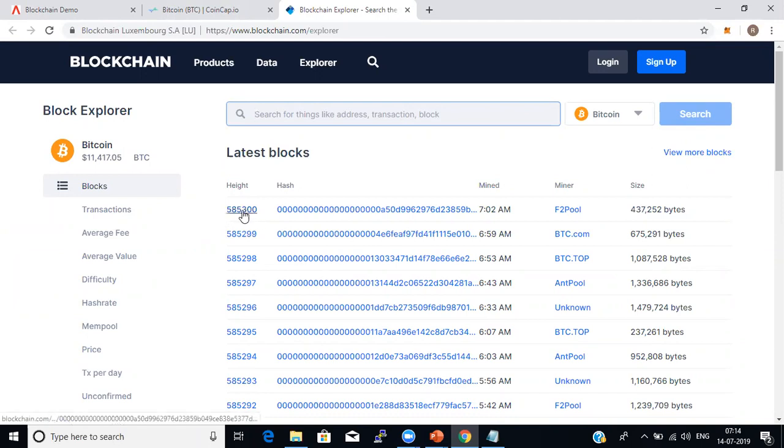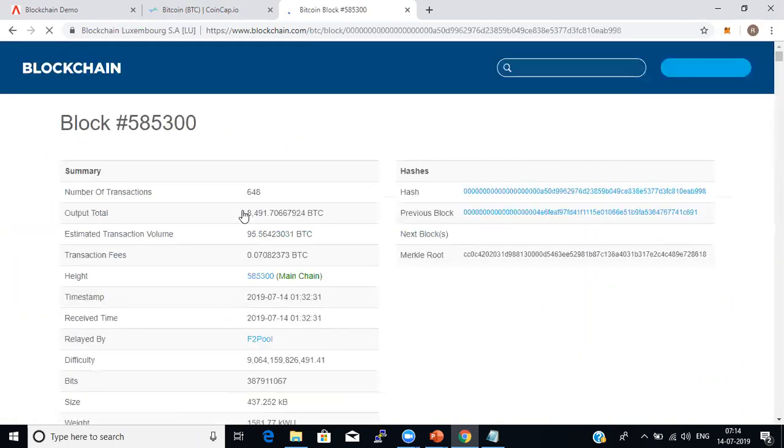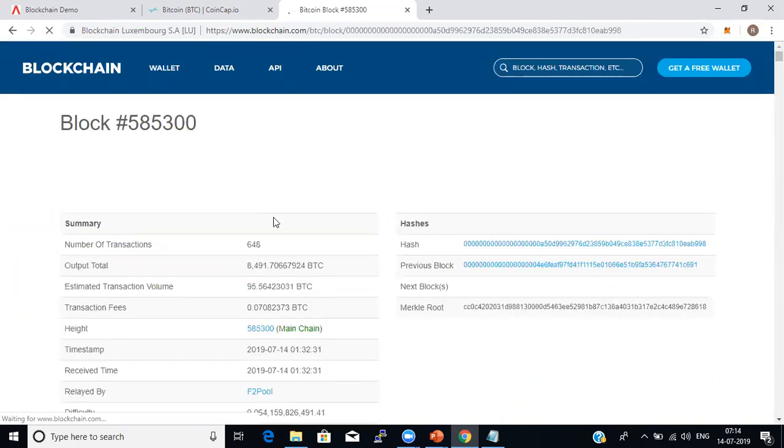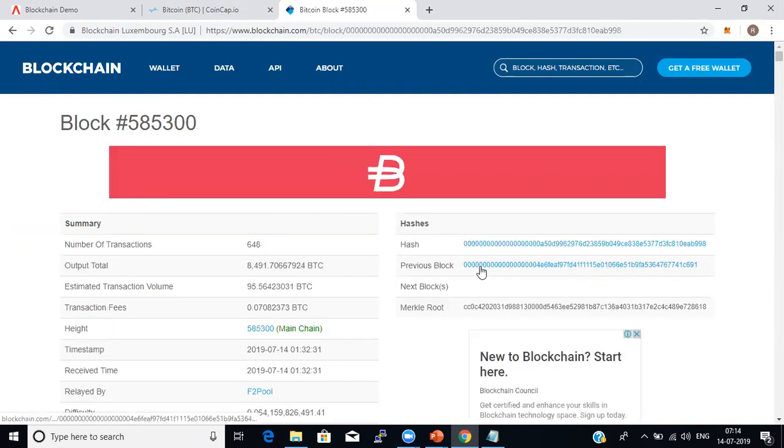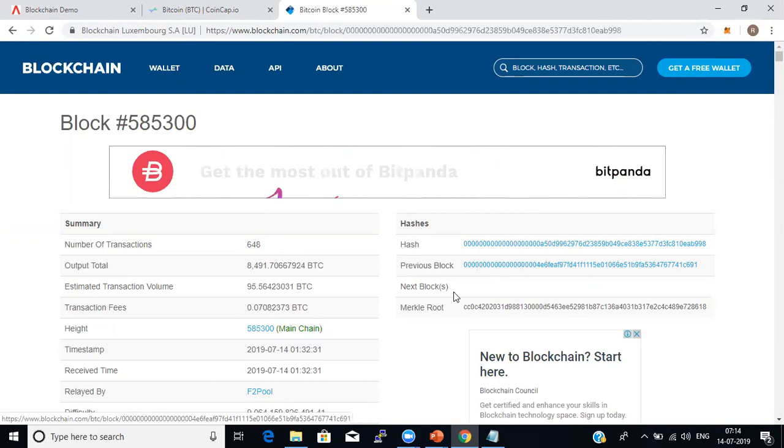If you click on a block, you will see how many transactions were in that block, what the hash of the block is, what the previous hash of the block is, and what the timestamp of the block is.